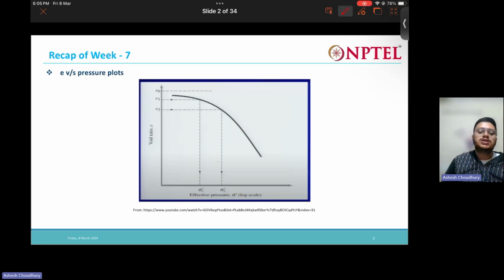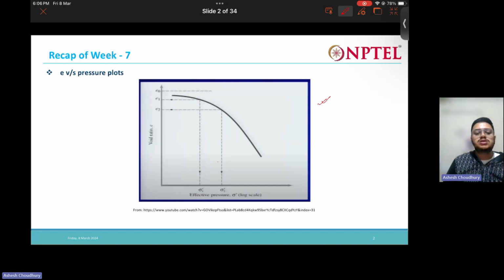From there we determined the void ratio corresponding to each of the effective pressures, so that we can plot the void ratio versus effective pressure plot.